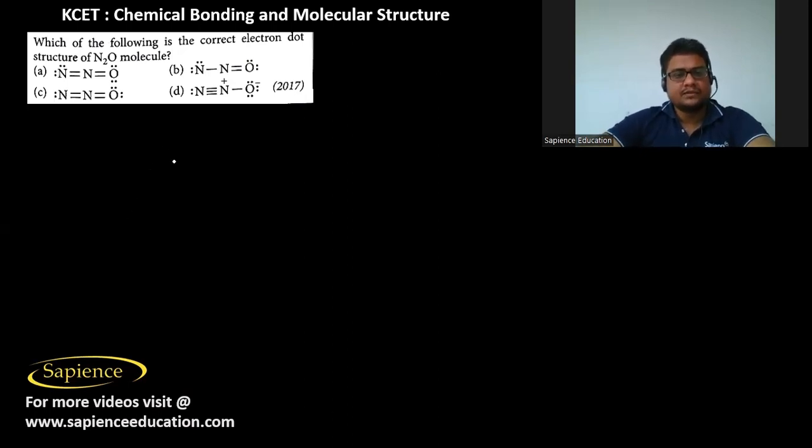So for N2O molecule, every nitrogen has 5 valence electrons. So it will be bonded with oxygen.